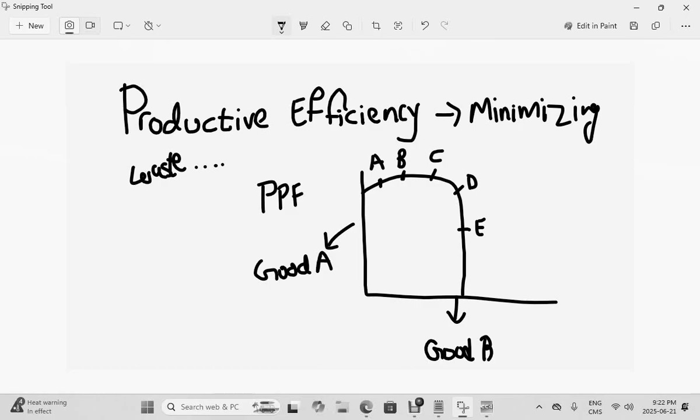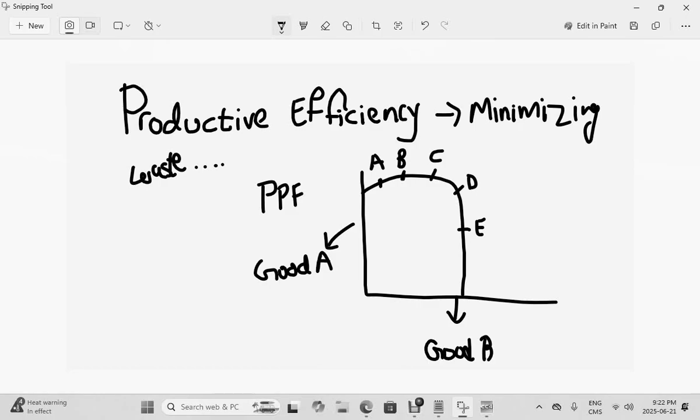Now, when it comes to being productively efficient, this production possibility frontier chart effectively shows what being productively efficient looks like.